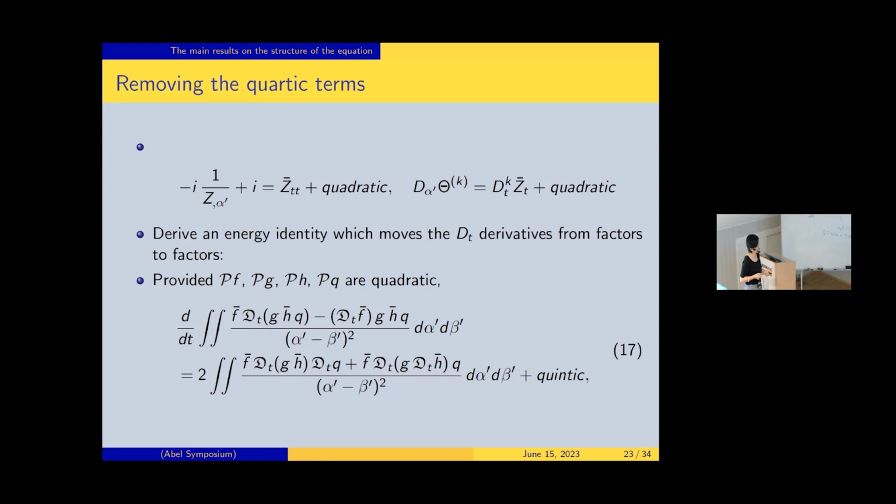This quintic we are happy with, but here you see that there's an extra material derivative here, and an extra material derivative here. So you can think of the right-hand side as one material derivative of q moved to the one material derivative of h bar on the second term, after we perform something like this. This allows us to move derivatives.